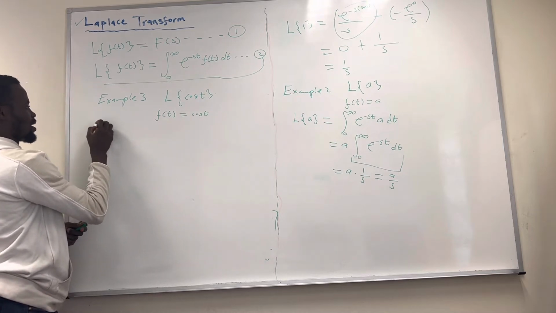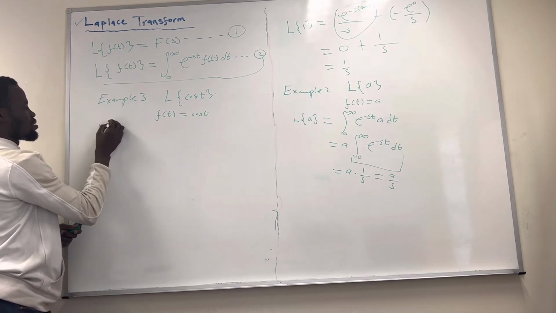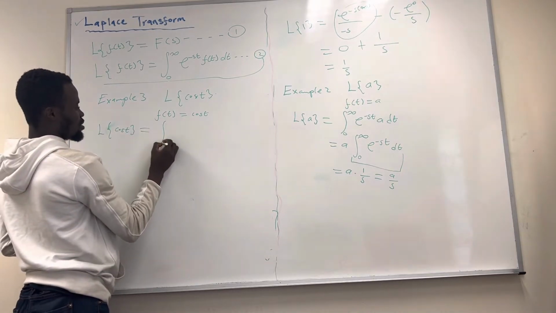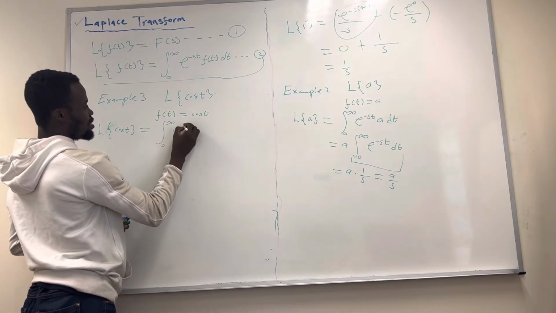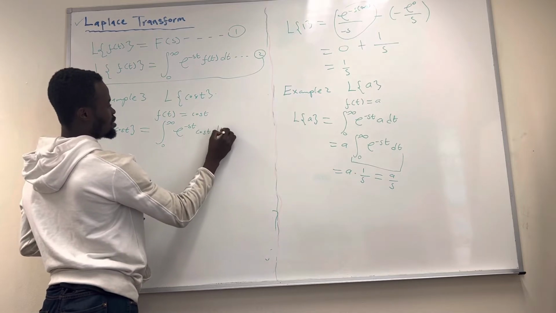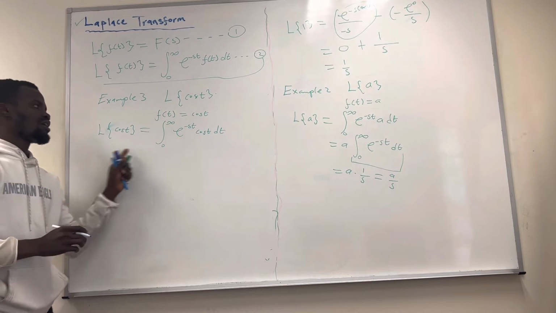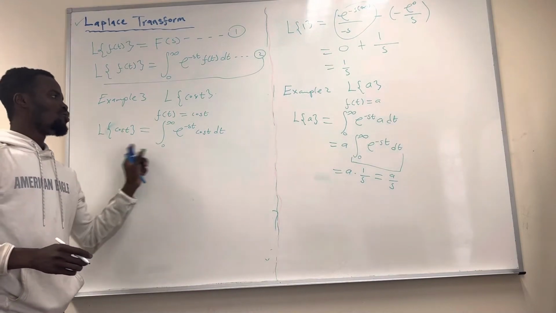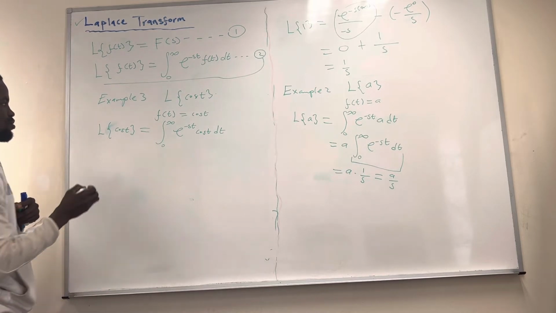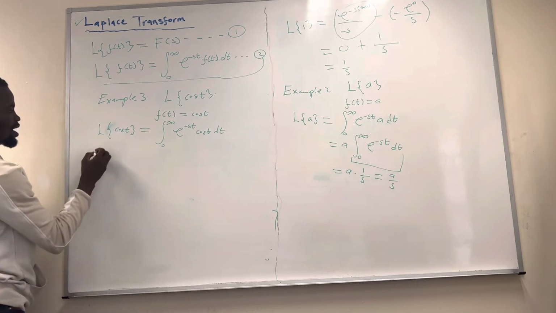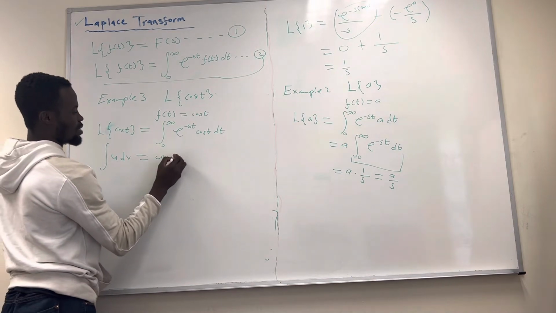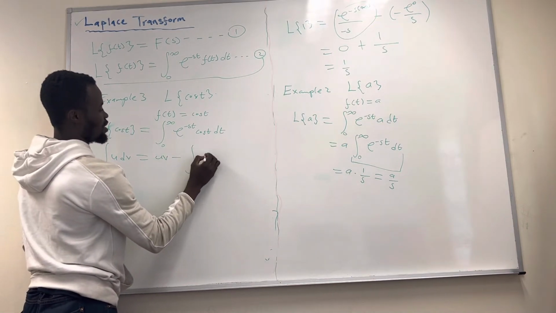So when we do that, we are going to get the Laplace transform of cos t equal to the integral from 0 to infinity of e to the negative st, then we have our cos t dt. Okay, so now what we have to do here is we have two ways of solving this, but I prefer using the integration by parts formula. So applying the integration by parts formula, we have the integral of u dv equal to uv minus the integral of v du.